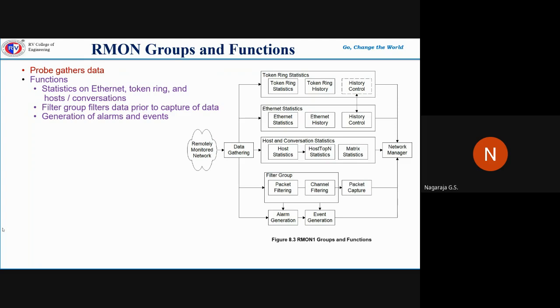And also you have alerting the user, or the network administrator, with the help of alarm generation and event generation schemes, to act upon it very quickly during your network traffic flow of information. That is what is happening in the case of alarm and event generation.